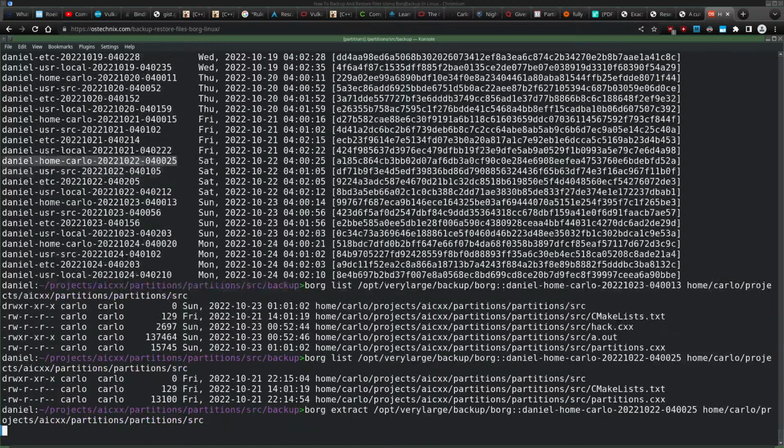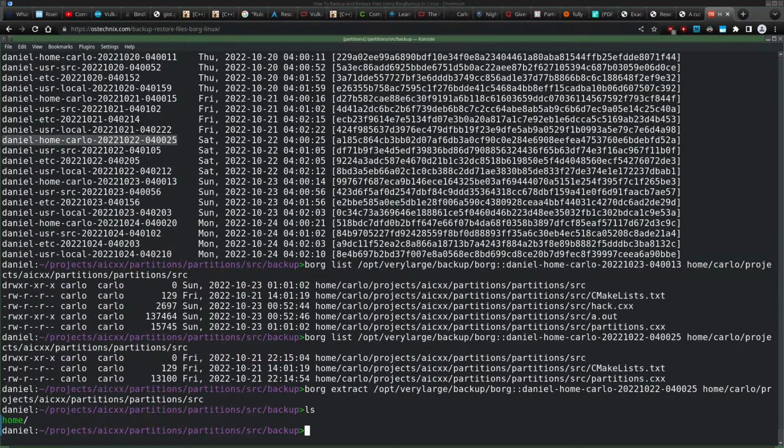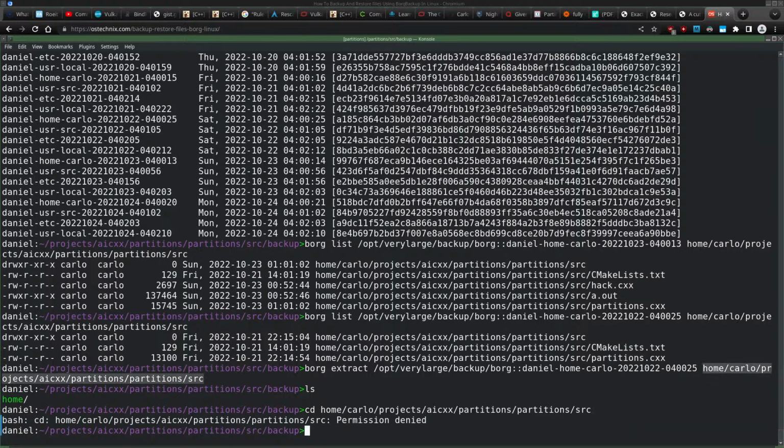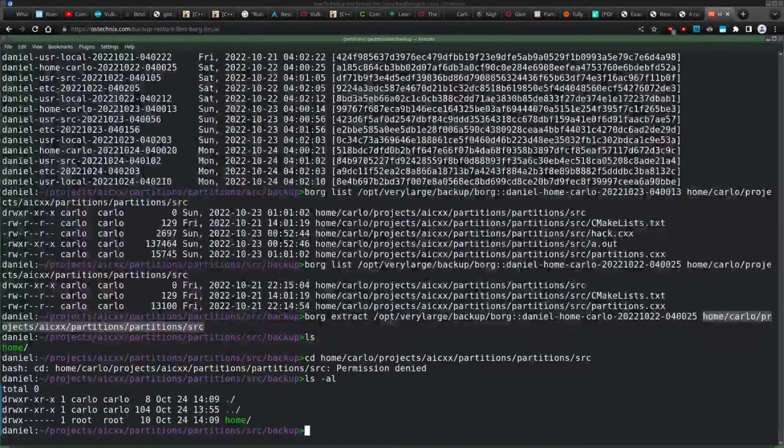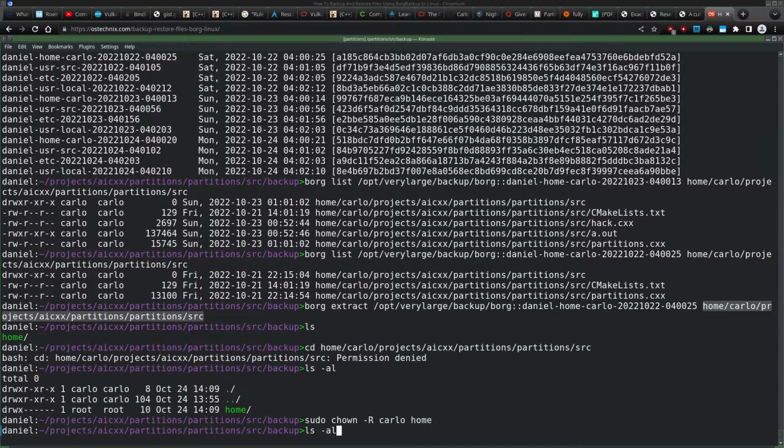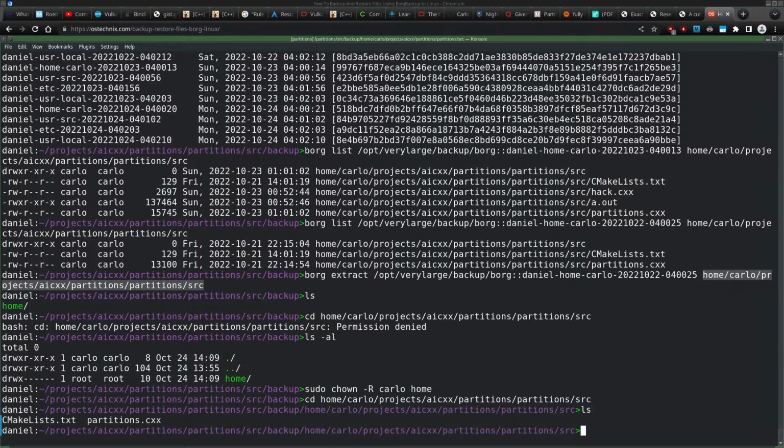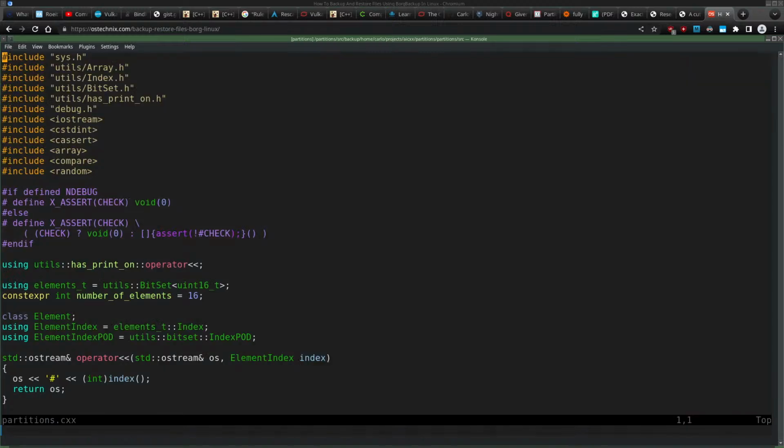Extract. Then we go to let permission denied. Just make this root. Two days ago, finally.